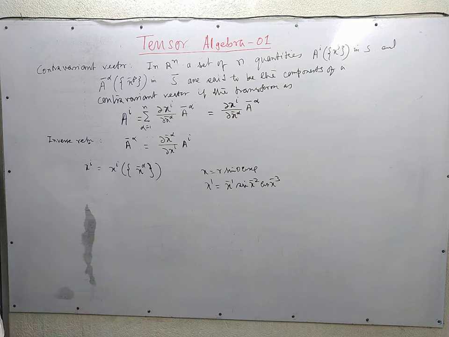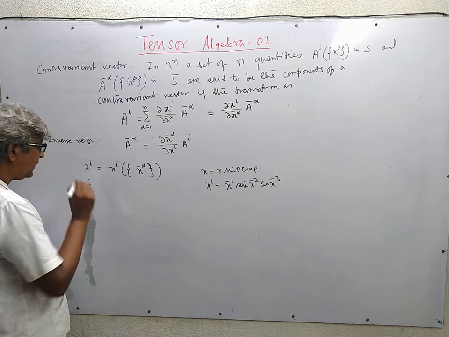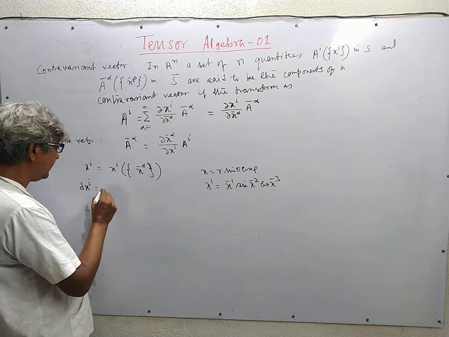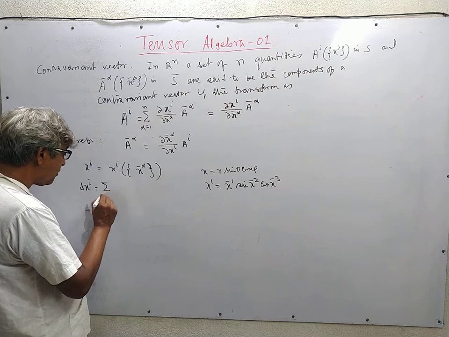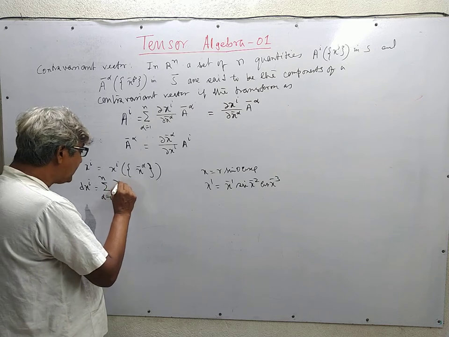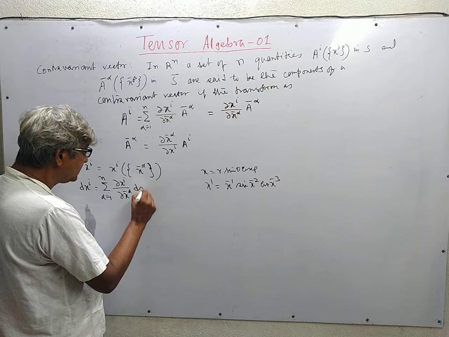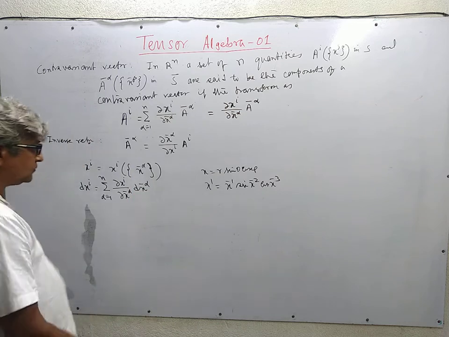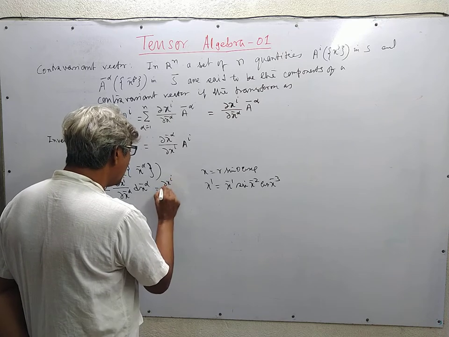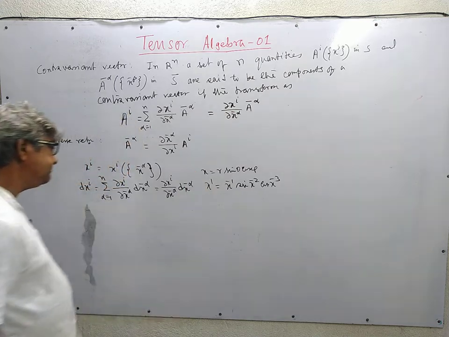So a change in x^i, as per the law of partial derivatives, is the sum over alpha from 1 to n of del x^i by del x bar alpha times d x bar alpha. In Einstein's notation, this is del x^i by del x bar alpha dx bar alpha.